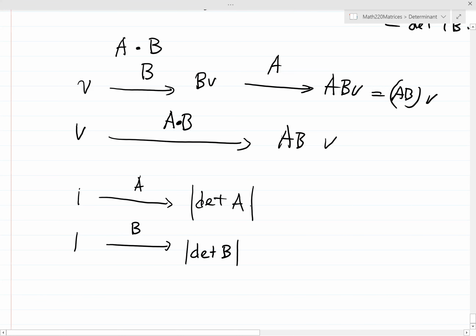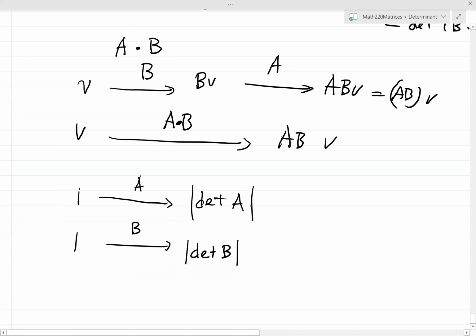The only ambiguity here is the sign. You need to take care of the plus or minus sign, because volume and area are just positive. The only thing is the direction, which is the sign.